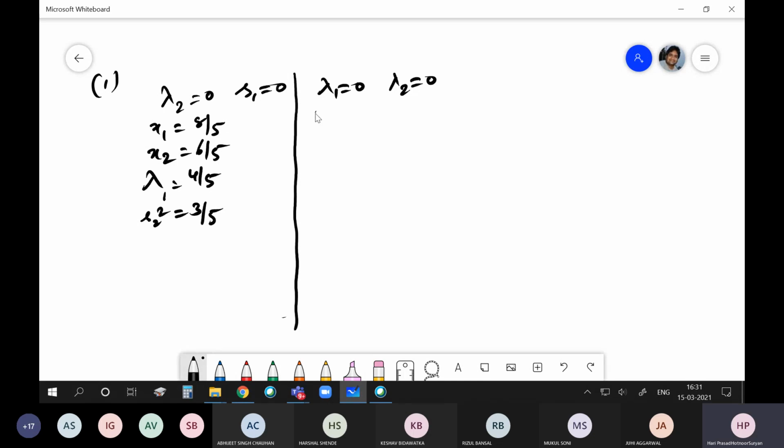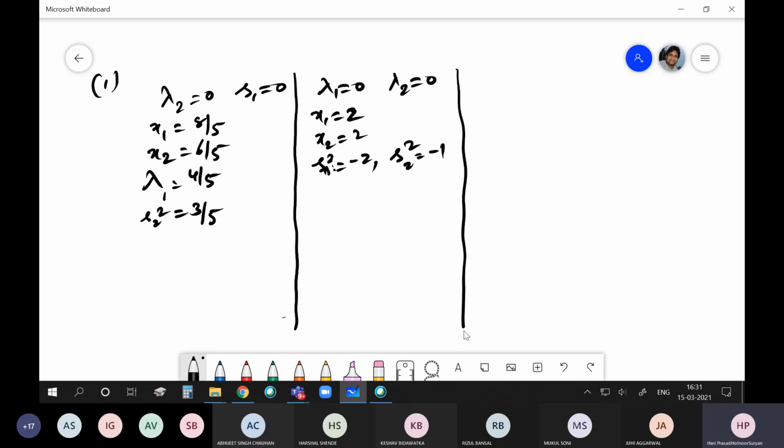Here you get x1 equal to 2 and x2 equal to 2, but you get s1 square as minus 1, minus 2, and s2 square as minus 1.